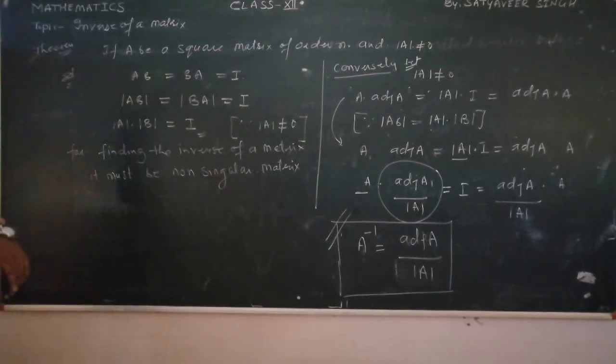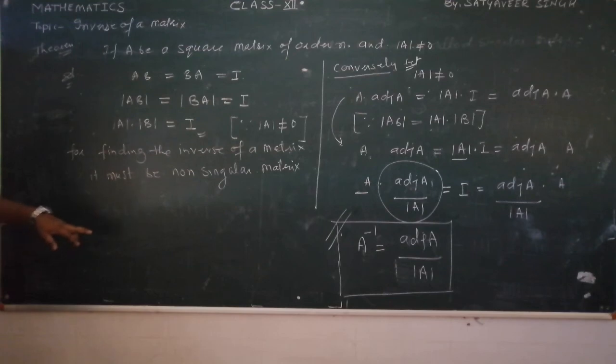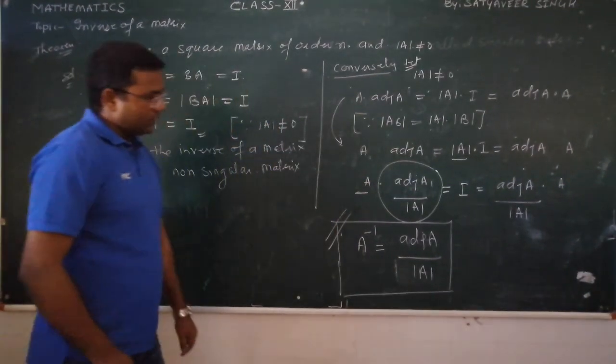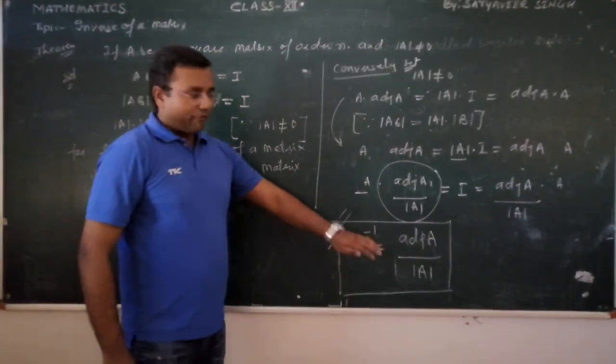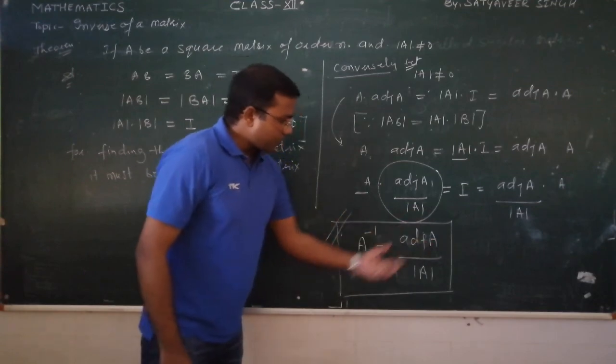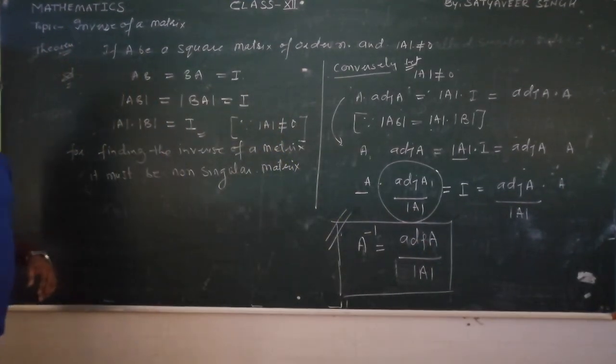If we want to find the inverse of a square matrix using the adjoint, then this becomes a formula: if we divide the adjoint matrix by the determinant of A, it is equal to the inverse of matrix A.